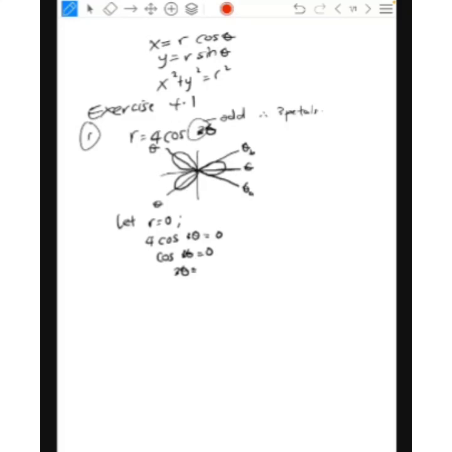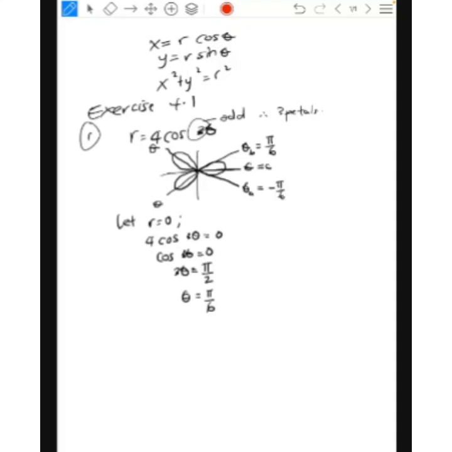Do not use degree. So we'll have pi over 2. So your theta is pi over 6. Okay, so this one is pi over 6, obviously. So this one will be negative pi over 6. Okay, so this theta is equal to 0.